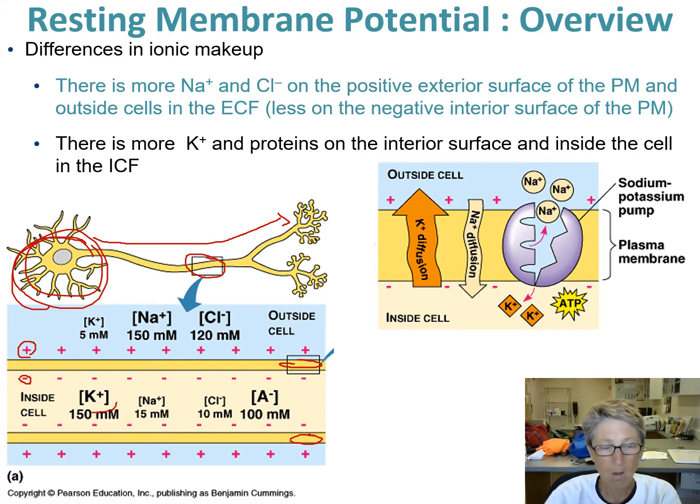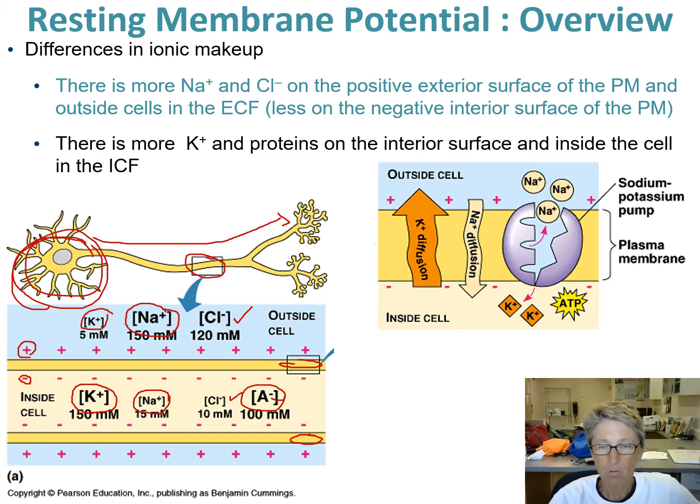Then we talked about how potassium is higher concentration inside the cell than outside the cell. Sodium is higher concentration outside the cell than inside the cell. Chloride is also higher concentration outside the cell than inside the cell. And then these A minus, those are just large proteins with a negative charge. So all this together gives the inside of the cell a negative charge relative to the outside of the cell.